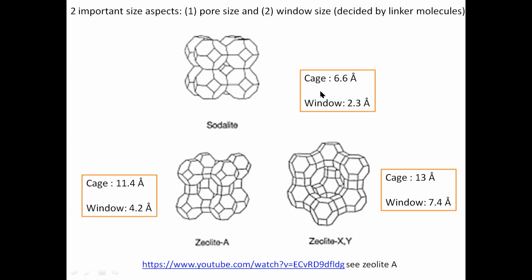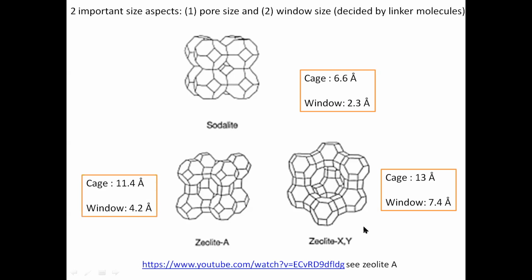In the case of sodalite, for example, the cage is 6.66 Angstrom, 0.6 nanometer, but the window is 0.2 nanometer. So the cage is big enough to be called a porous material, but the window is not big, it is just borderline. For zeolite A, the cage is about 1.1 nanometer and the window is about 0.4 nanometer.